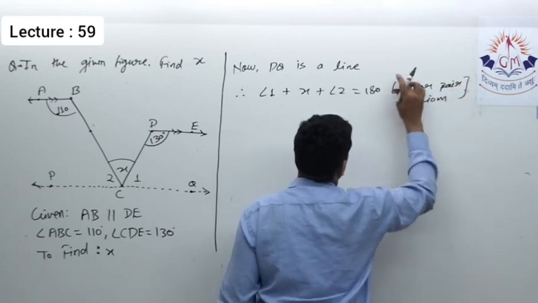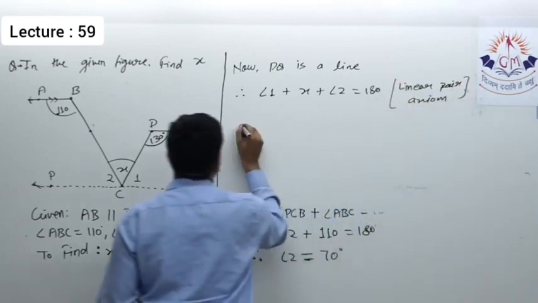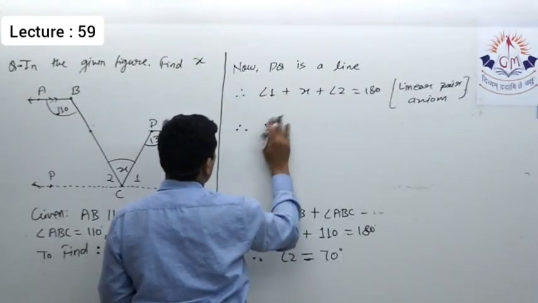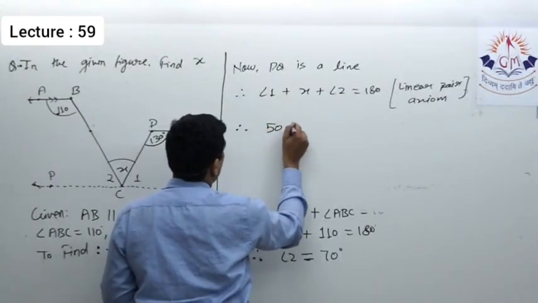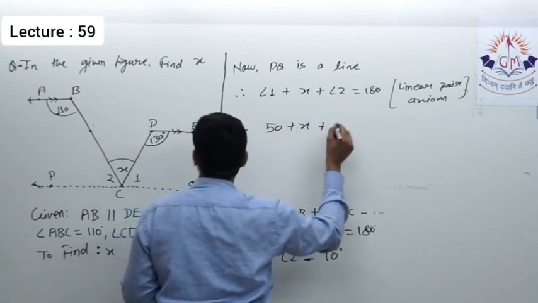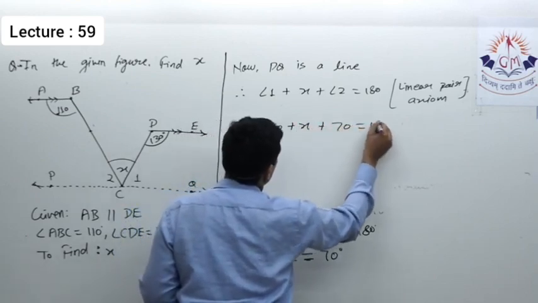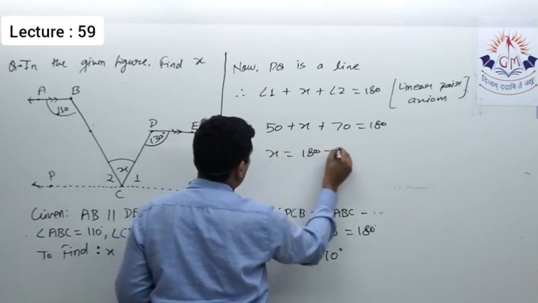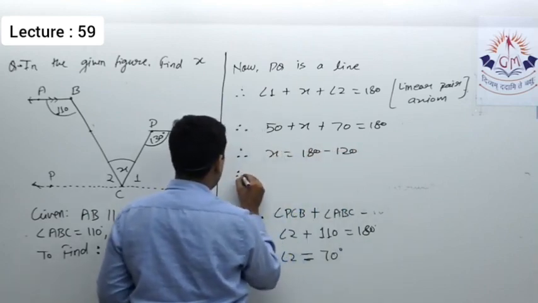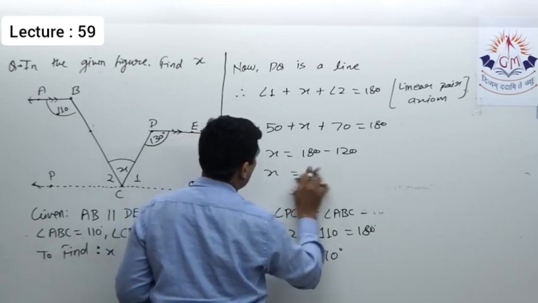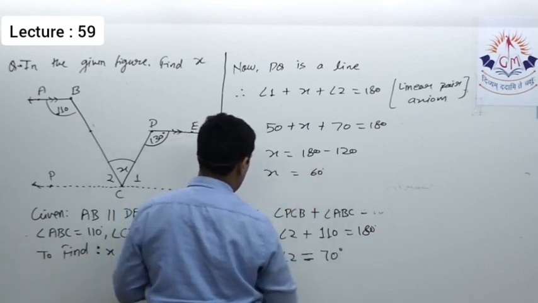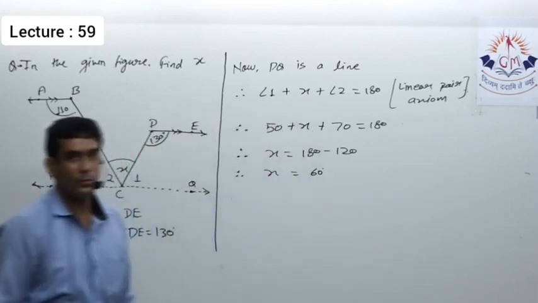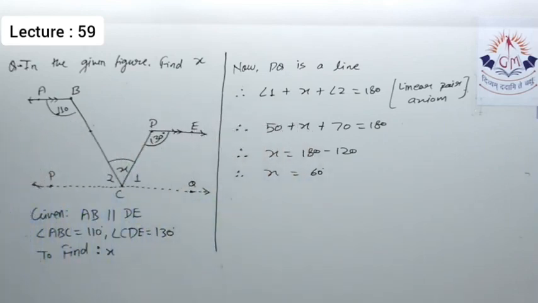Now angle 1 is equal to 50, x we have to find, and angle 2 is 70, equal to 180 degrees. So I can say x is equal to 180 minus 120. So ultimately I got x is equal to 60 degrees. Please note it down, then we'll see the next question.